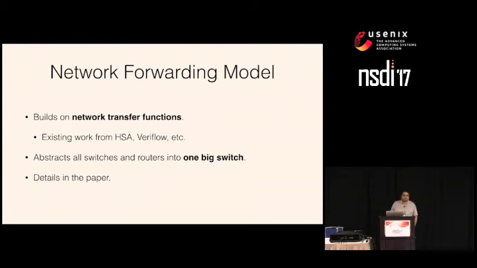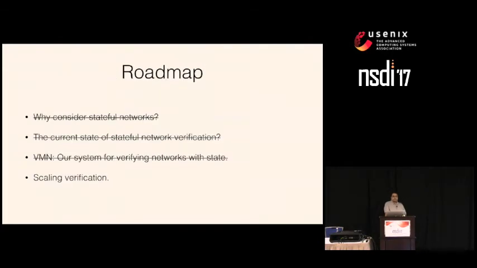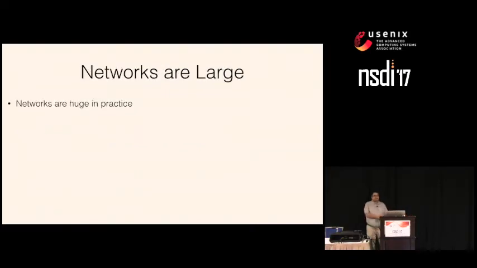OK, so far I've talked about a mechanism that allows us to abstract away a lot of details. I've talked about abstracting away both large parts of the middle box code and large parts of the network. The question, though, is how do we scale verification? The reason this continues to be a question is that in reality, networks are huge.